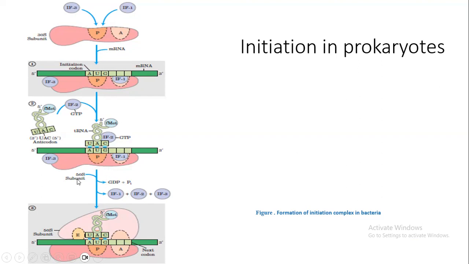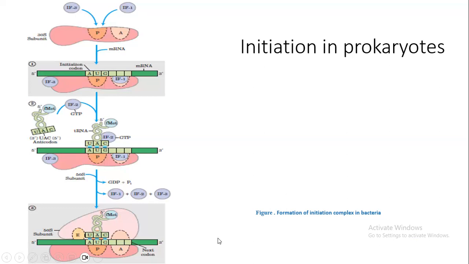After this, there is entry of the 50S subunit of ribosome. Simultaneously, there is hydrolysis of GTP, releasing GDP and inorganic phosphate, and release of all three initiation factors 1, 2, and 3.